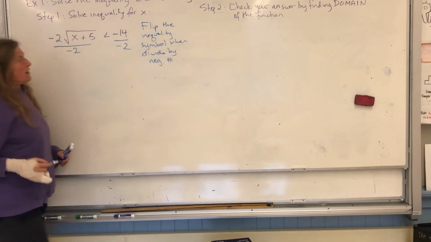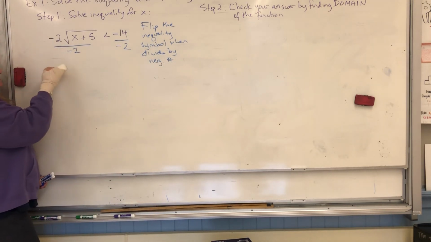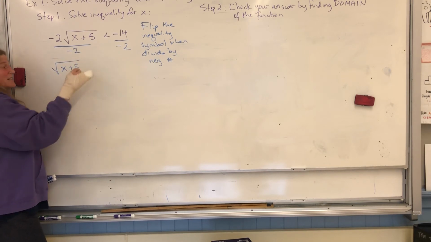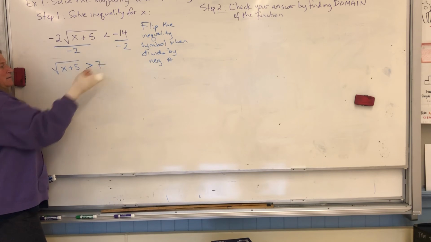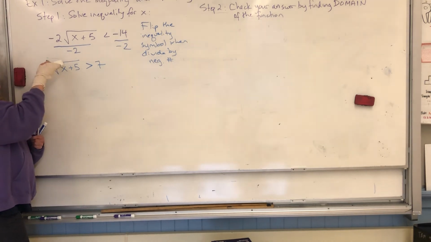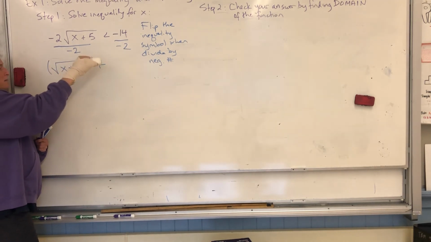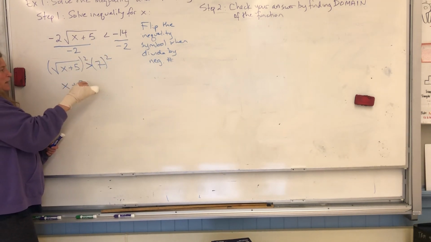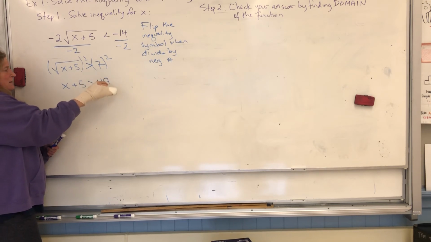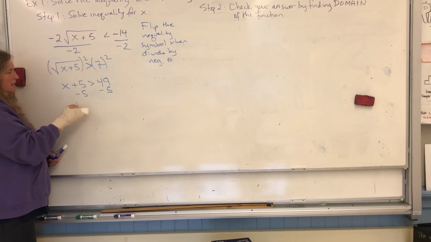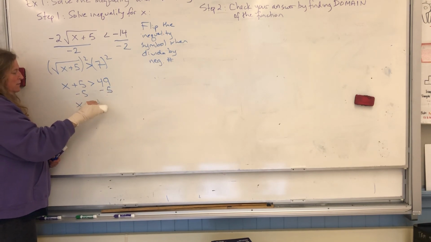So now, if I divide by a negative, I end up with the square root of x plus 5. Instead of less than, I now have greater than. Okay, guys, let's square both sides. We've got our isolated square root. That gets me x plus 5 is greater than 49. And that gets me x is greater than 44.